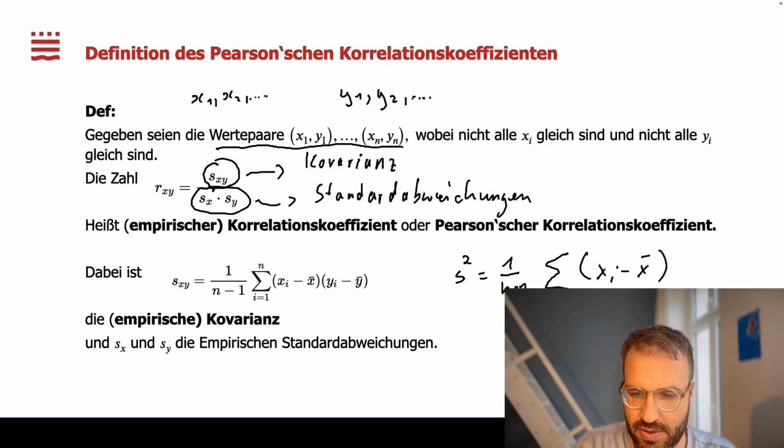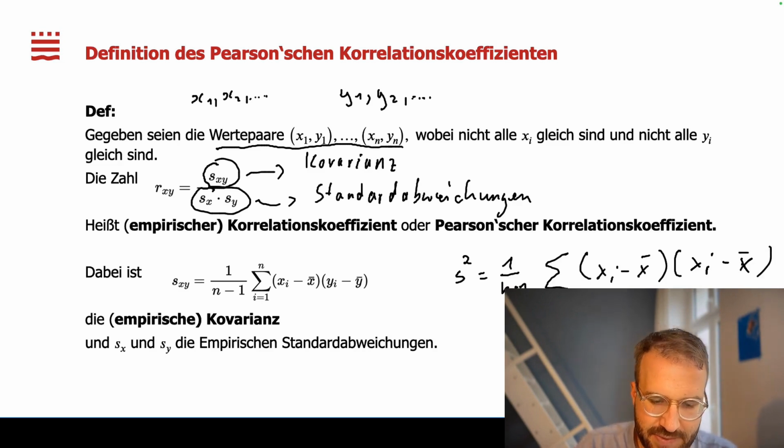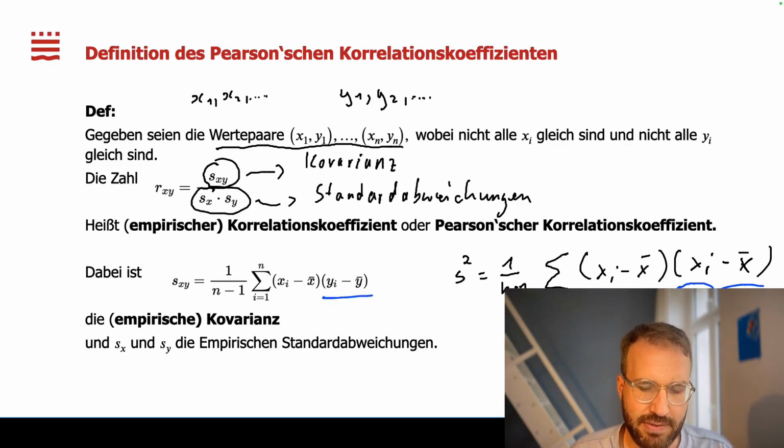However, I could also write the square by simply writing this factor twice. And now we see that covariance is almost like variance, except that here we write y instead of x, and then we have covariance.